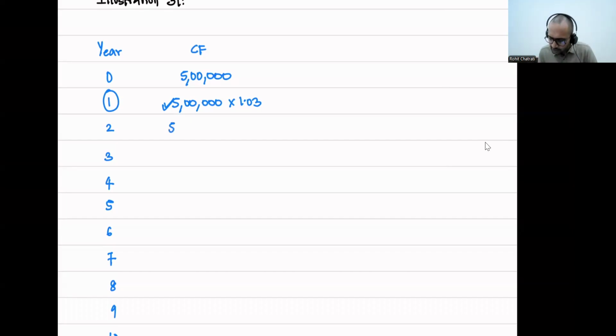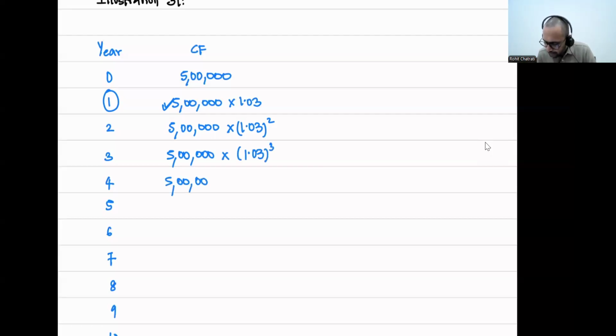Further, the next year it's going to be 5 lakhs multiplied by 1.03 the whole square. The year after that, it will be again 5 lakhs multiplied by 1.03 whole cube, and then 5 lakhs multiplied by 1.03 whole power 4.